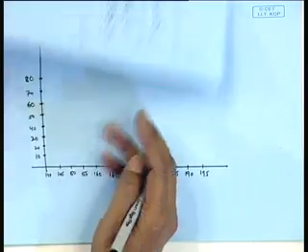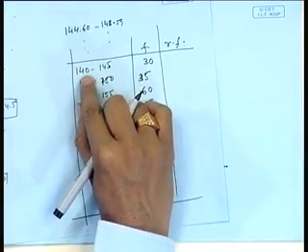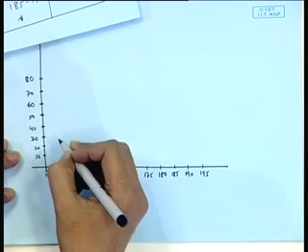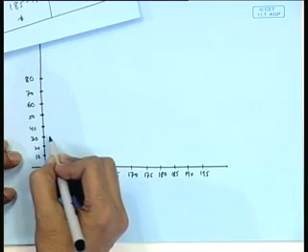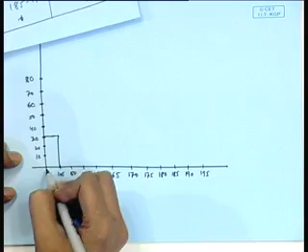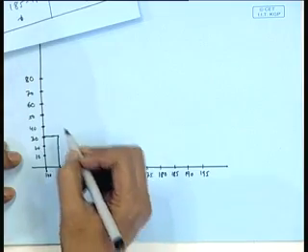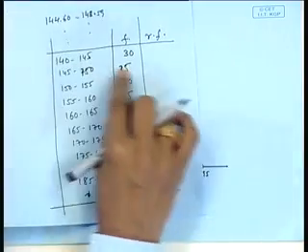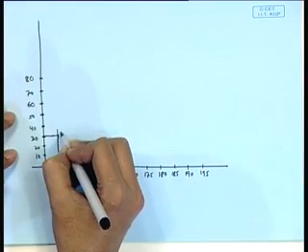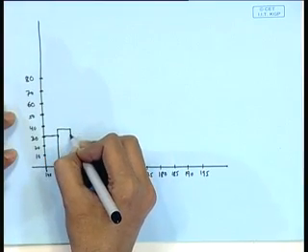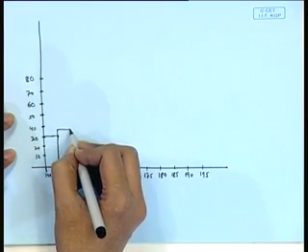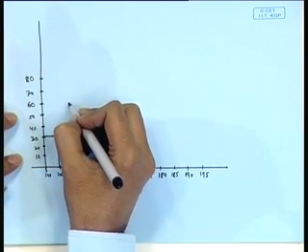Now, we observe the frequency for the class interval 140 to 145 is 30. So, we draw a rectangle of height 30 in the interval 140 to 145. Then, for 145 to 150 the frequency is 35, so we add the height up to 35 here. Similarly, the next is 60.